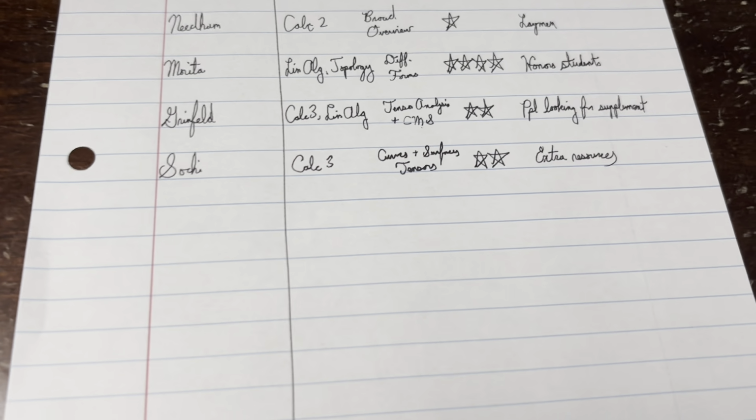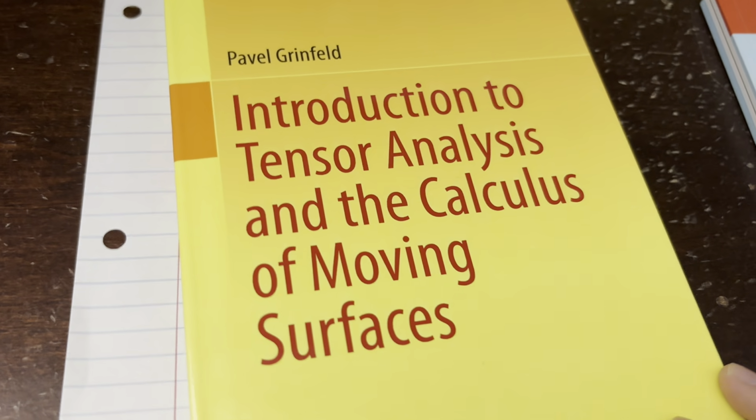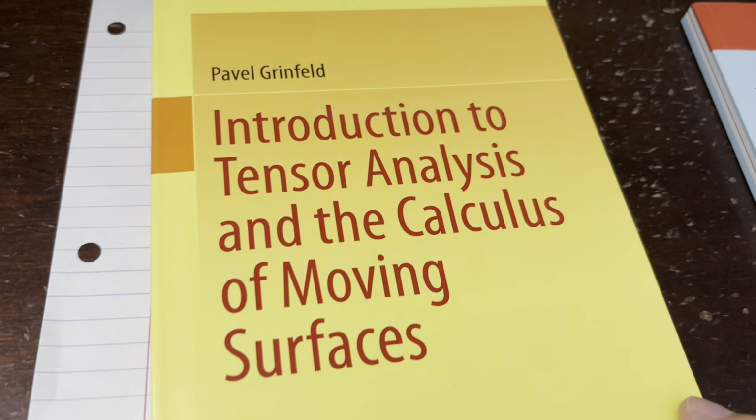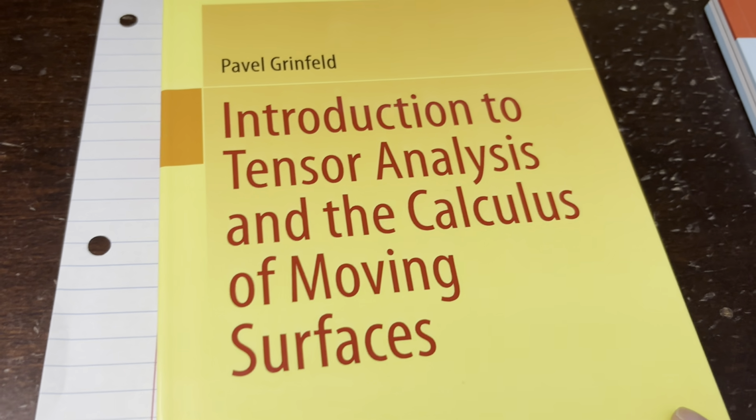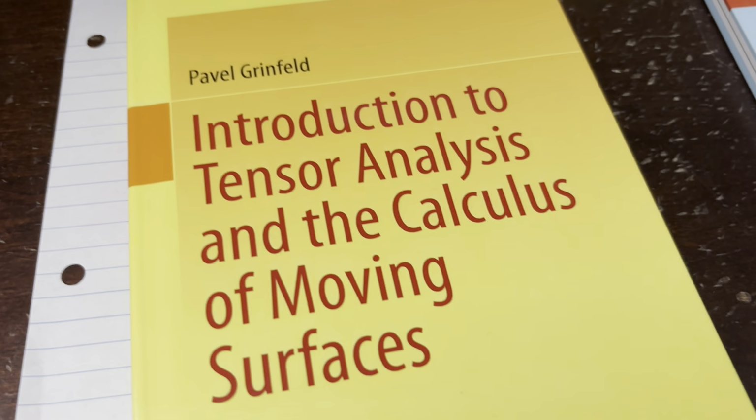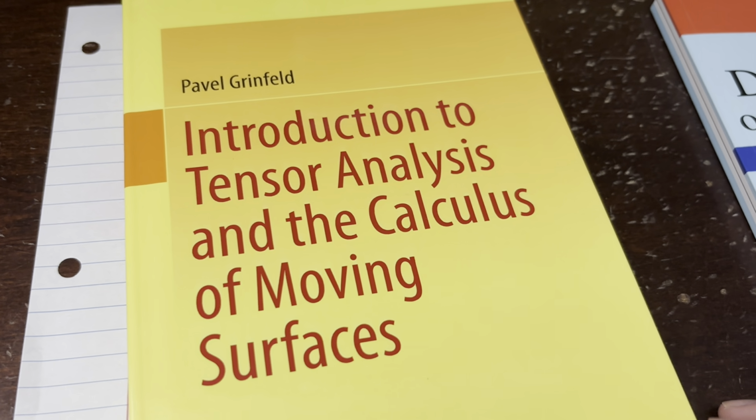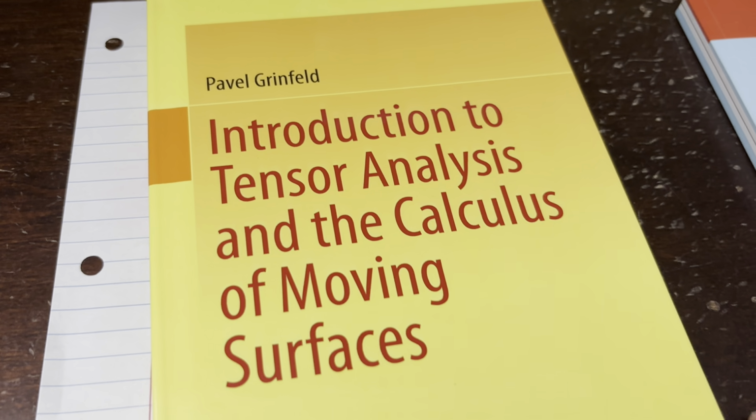The final 2 books I have are sort of weird. This one is called Grinfeld's Introduction to Tensor Analysis and the Calculus of Moving Surfaces, which is quite a mouthful. Now, to be honest, I don't have a clue what the calculus of moving surfaces is.